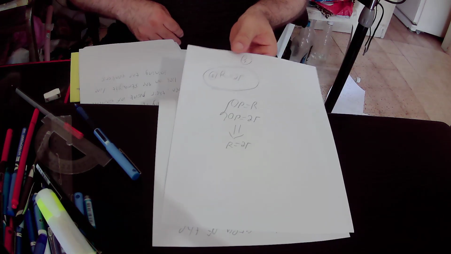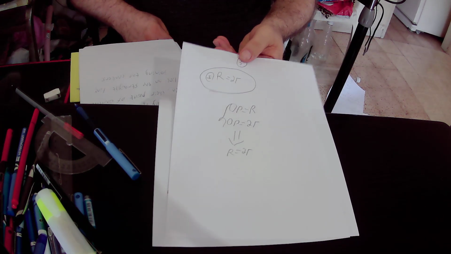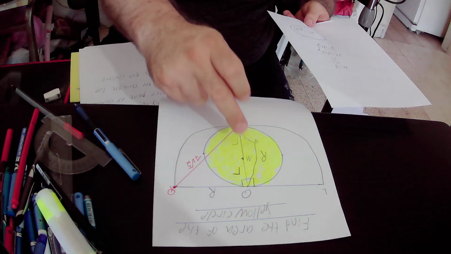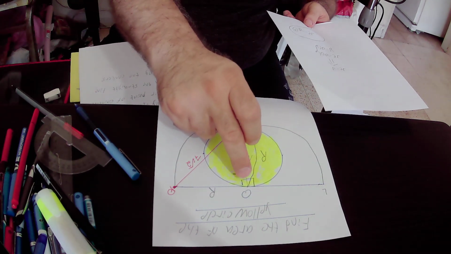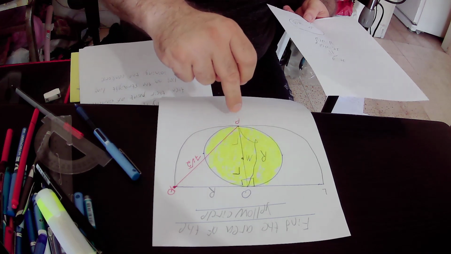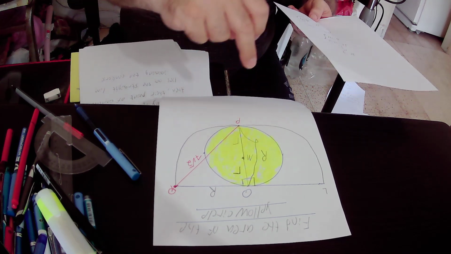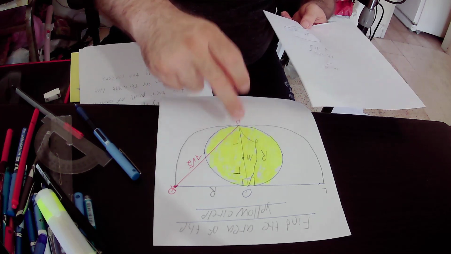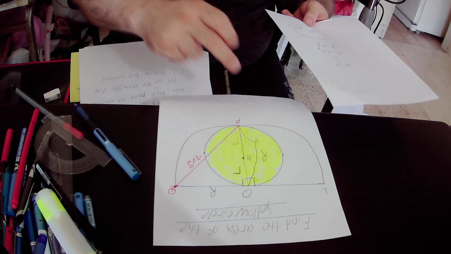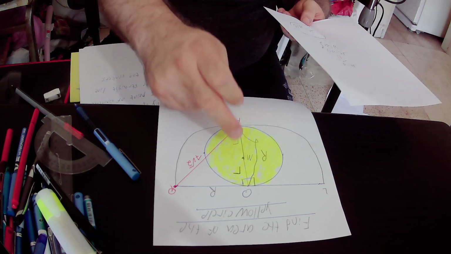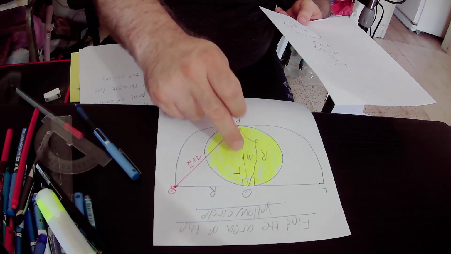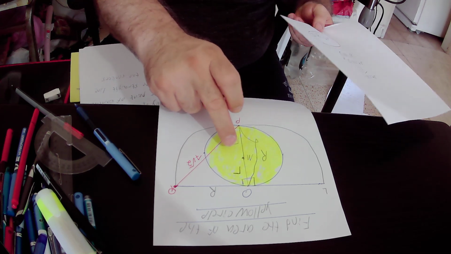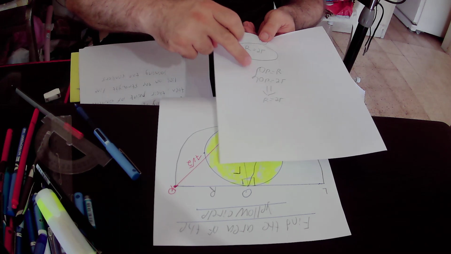Okay, as you can see here, from one side OP is a straight line that exits from the center of the yellow circle and ends at point P, which is a point on the semicircle. So we can deduce that OP is the radius of the semicircle from one side, but from the other side OP is the diameter of the yellow circle. So OP from the other side equals 2 times r.